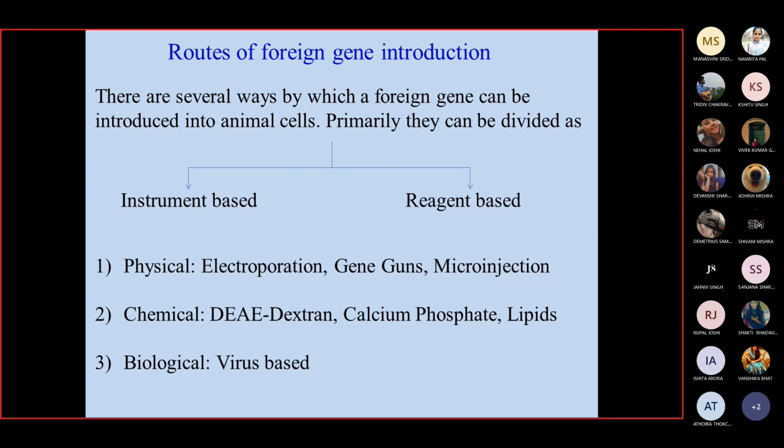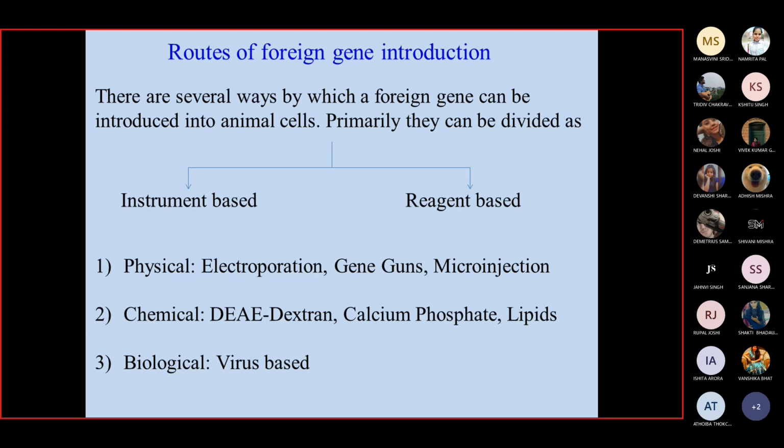For example, there are chemical methods where we can use certain chemicals and mix them with DNA, and when you incubate with cells, the cells take it up.